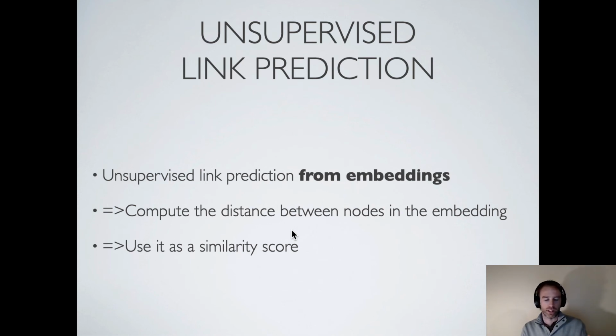So for instance, I consider that if two nodes are close in the embedding, there is a higher probability of an edge appearing between them than if they are far apart in the embedding. Okay. And intuitively, we see that it makes sense because it also means that they are close in the graph.